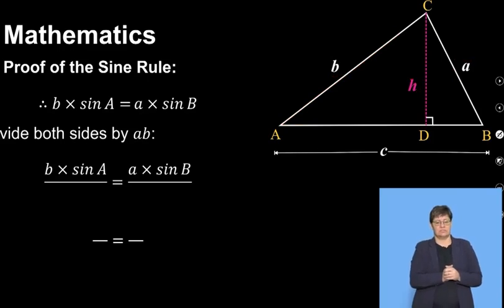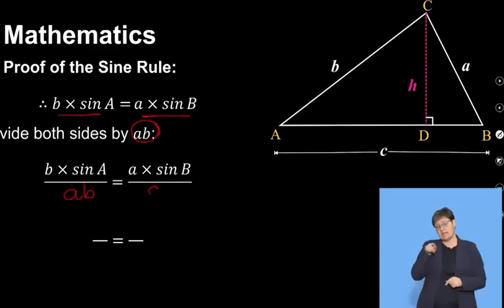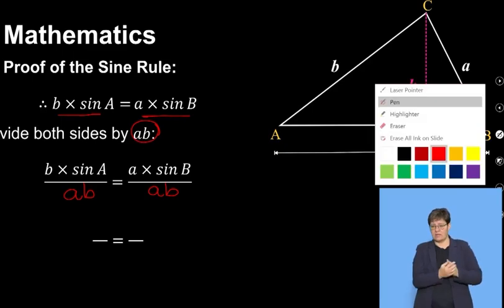Once we have this equation, we're now going to divide both sides by ab. I'm going to divide this side by ab, and this side by ab. Can you see what's going to cancel out?